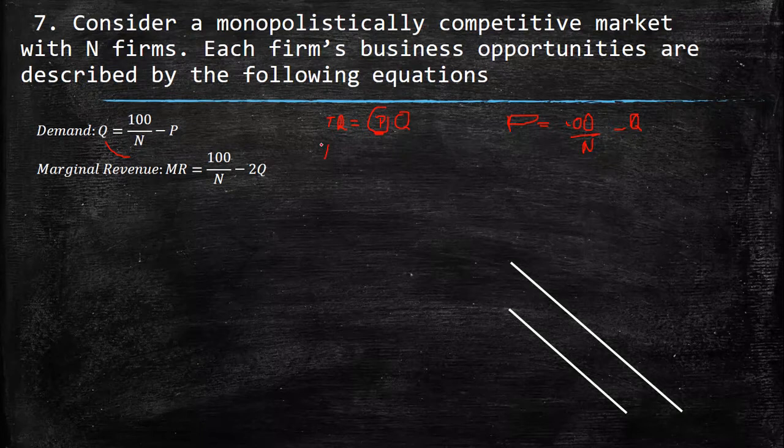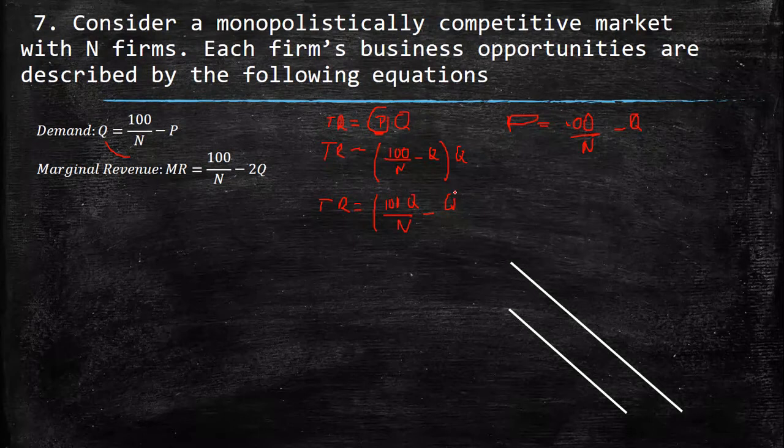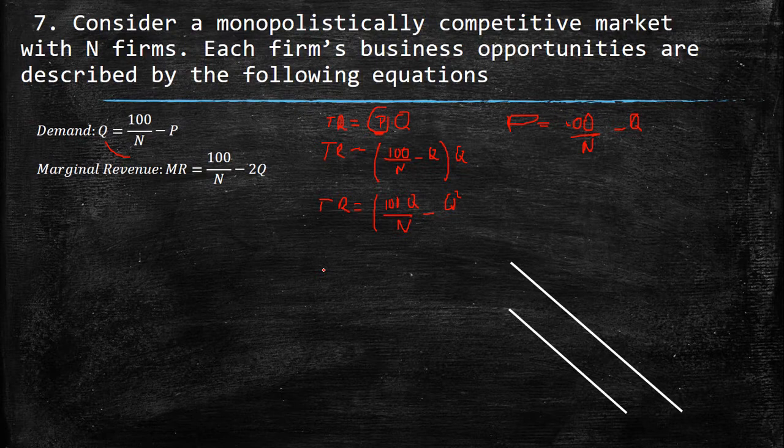So you can replace, and the total revenue is equal to 100 over n minus Q, times Q, right? So you can multiply them, and you will have the total revenue equal to 100 times Q over n minus Q squared, right? So what is the definition of marginal revenue mathematically? It should be the derivative of the total revenue in terms of Q, right?